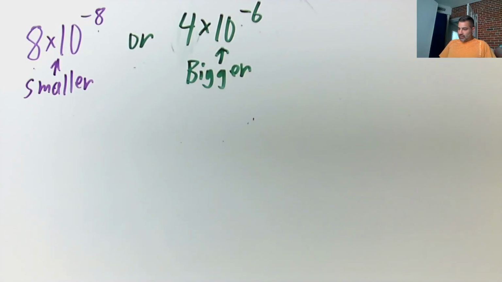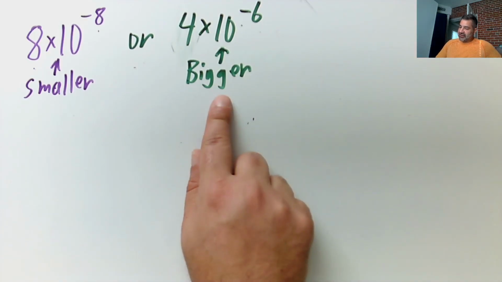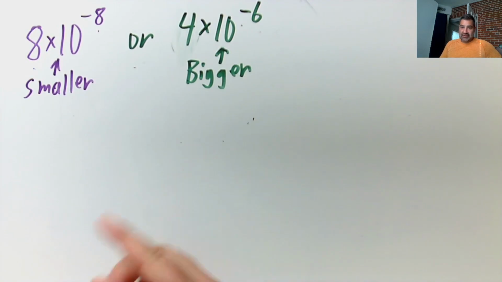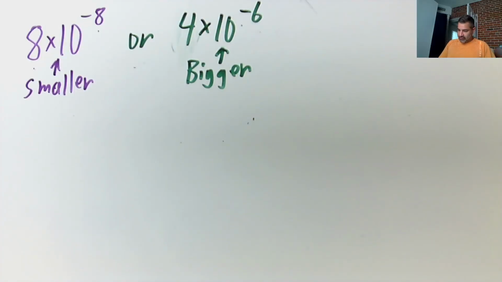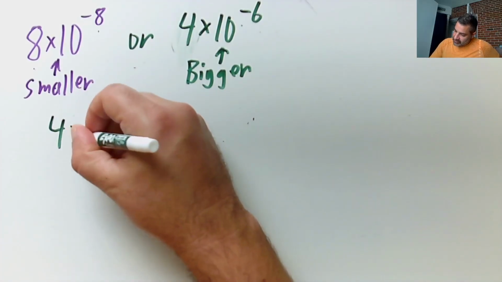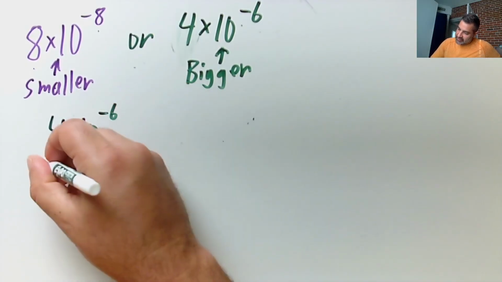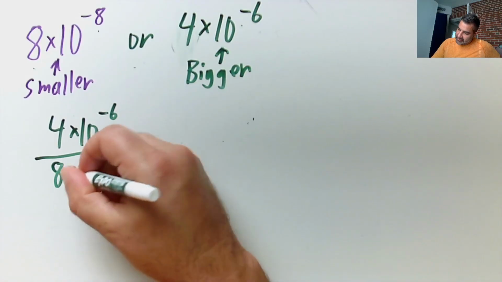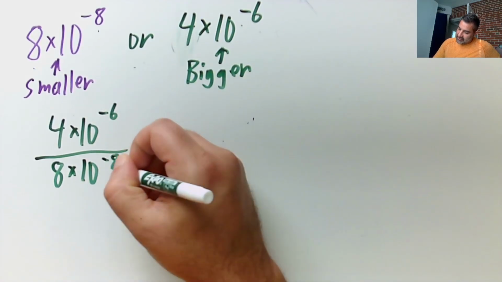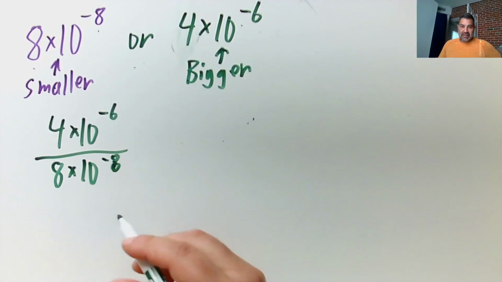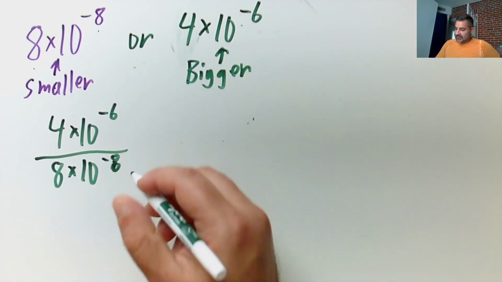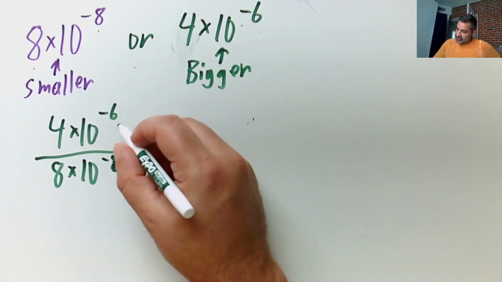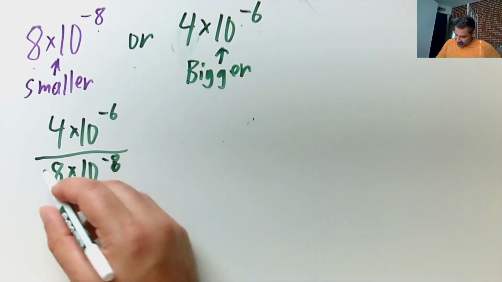A lot of times you'll be asked, how many times bigger is the bigger number than the smaller number? So we're going to divide this number by this number. We got 4 times 10 to the negative 6 divided by 8 times 10 to the negative 8. If you saw in my last lesson, whenever we have a negative exponent and we want to make it a positive exponent, we just switch it from the top of the fraction to the bottom.